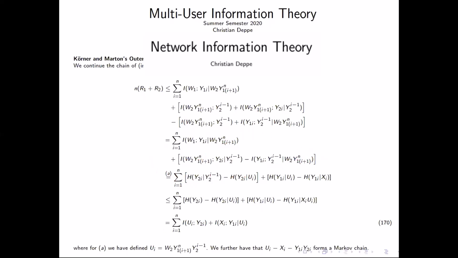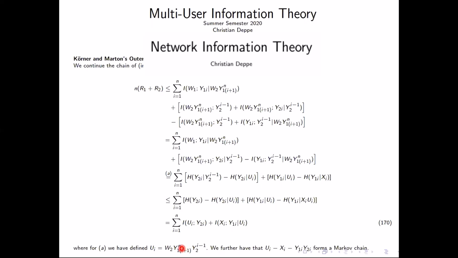Now we set U_i equal to W2, Y1 from i plus 1 to n, and Y2 up to i minus 1. This means here it's from the i plus first position to the nth position.